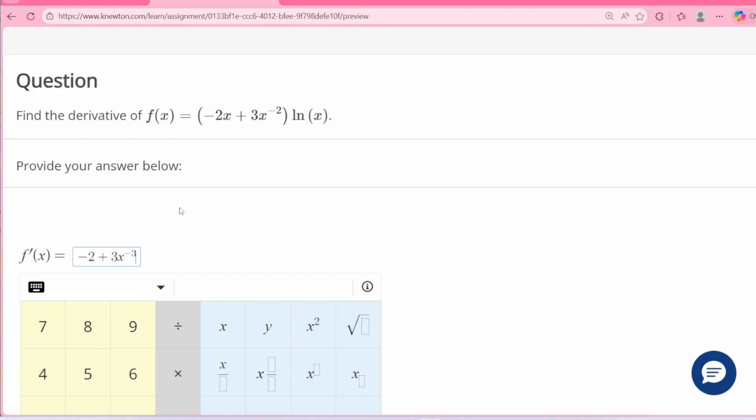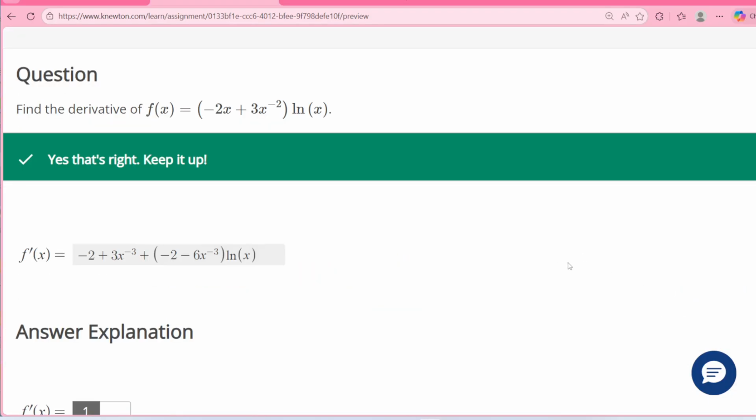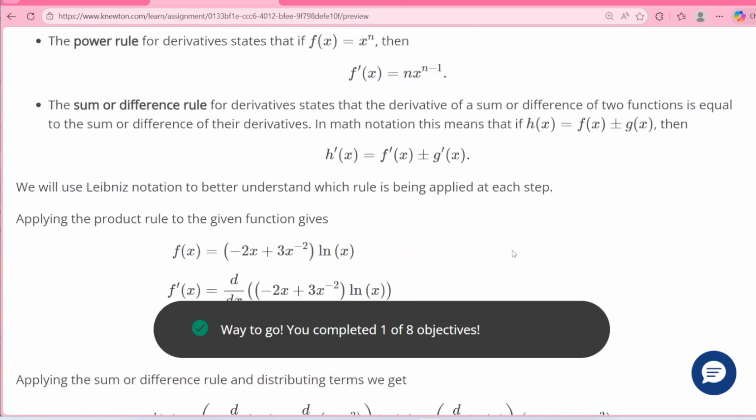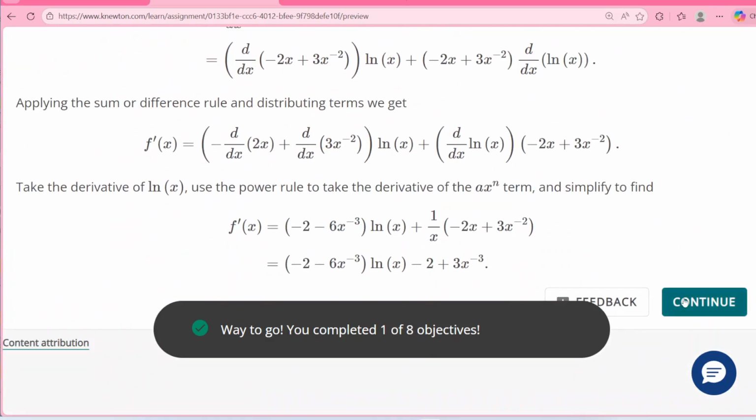So that was the first stuff. Then plus, and then the derivative of the first factor, -2 minus 6x to the -3. But then times natural log of x. Yeah, that should do it. Great. All right, so that objective's done with the natural log stuff there.